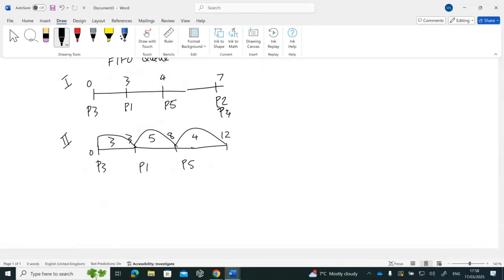Okay, now P2 comes in or P4? First. They both come in, but they cannot run together for now. So remember, P2 comes in first. Whichever has a lower number will come in first for these problems. And then P2 runs for how long? Is it 4?